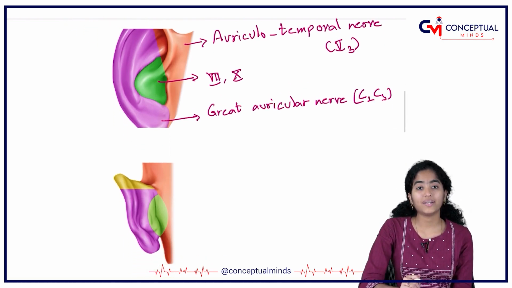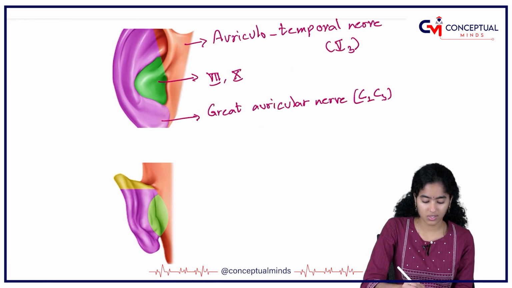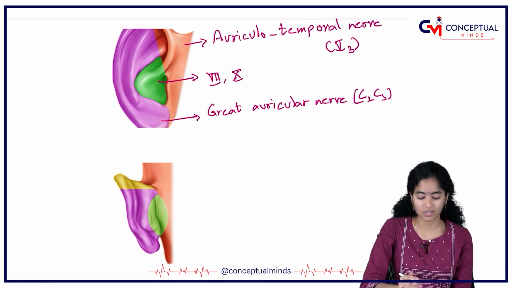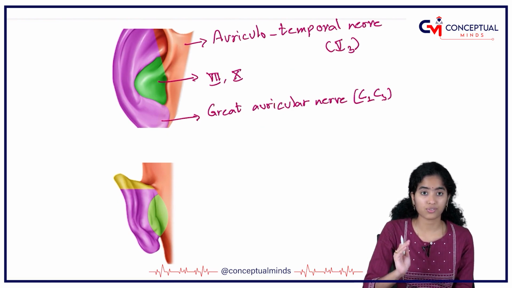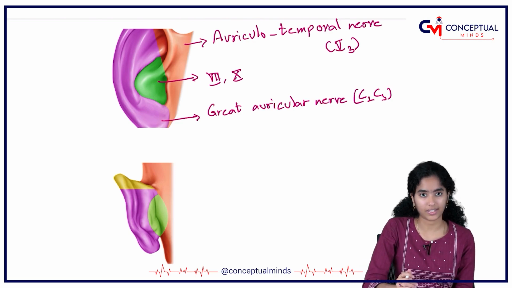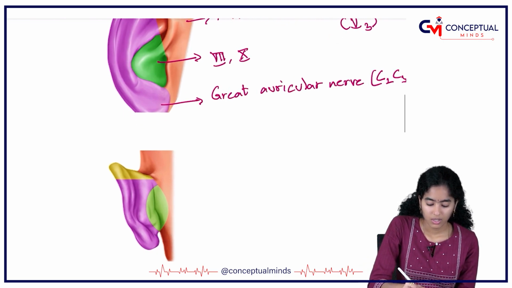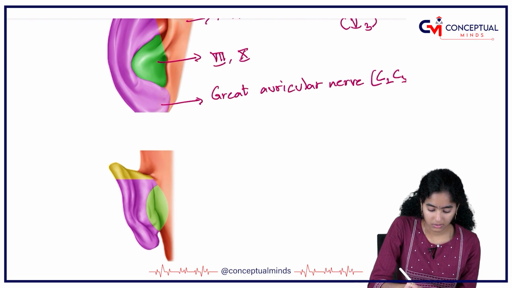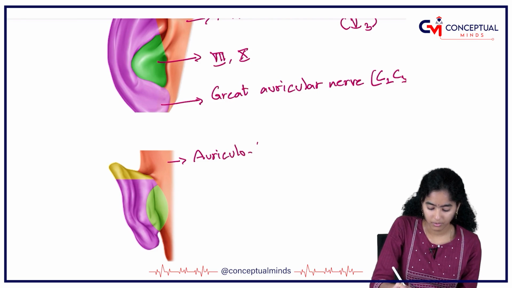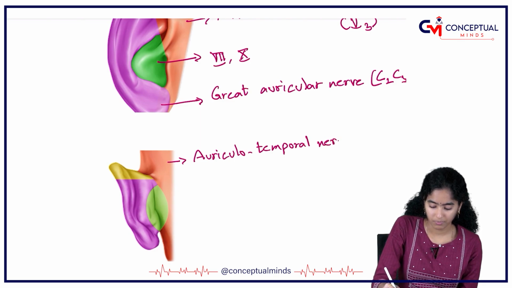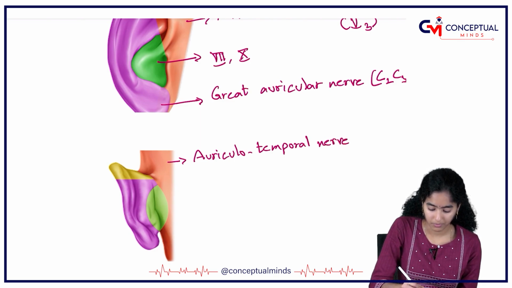And if we look at the medial surface of the auricle, this is a picture depicting the medial surface. Look at it as if you're seeing the ear from behind. This part is the auriculotemporal nerve. The same color code is used for easy understanding.